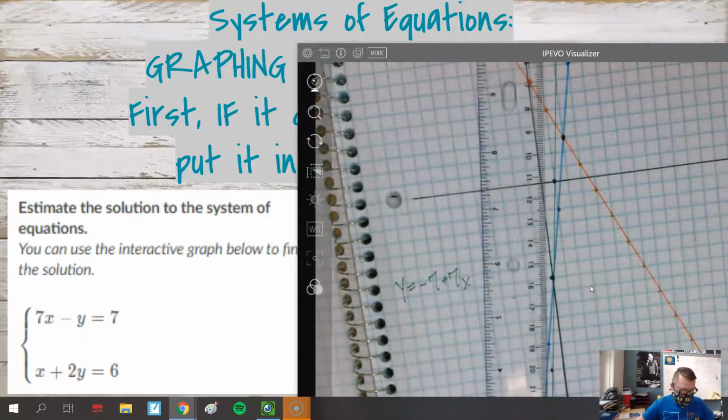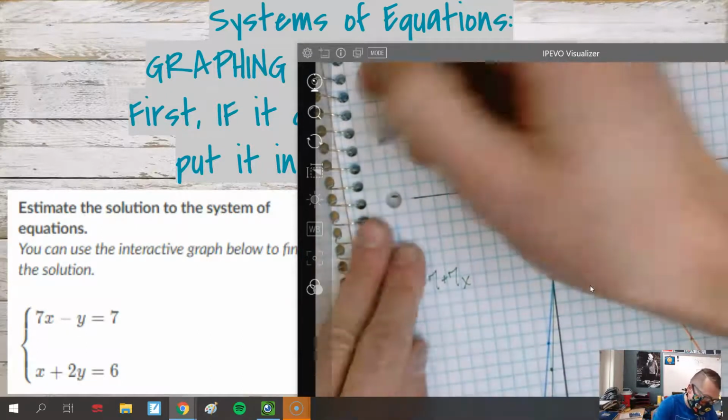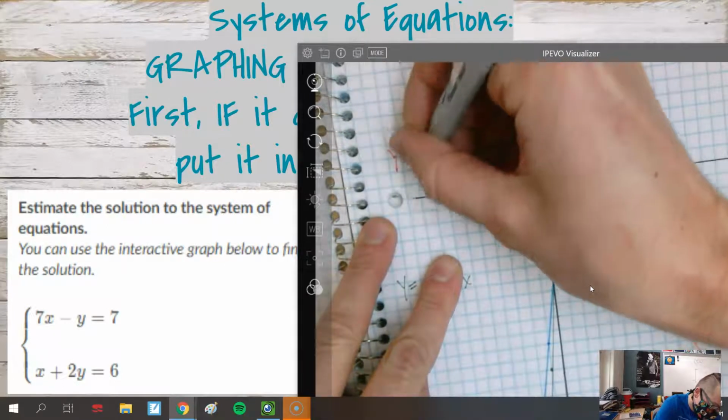And then we had a y-intercept of 3 and a slope of -1/2.